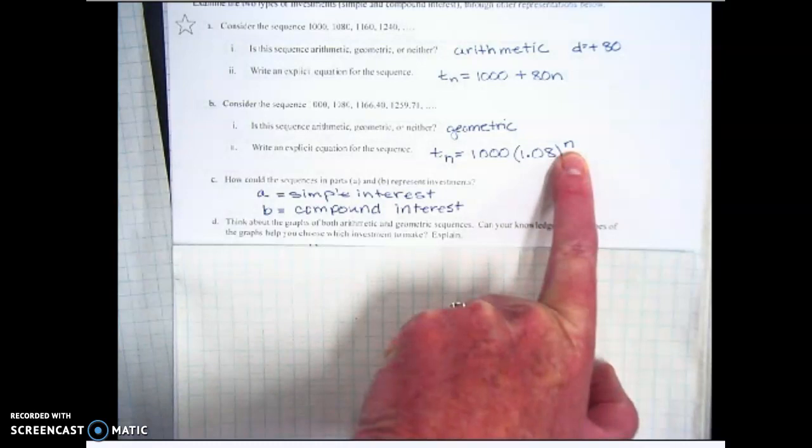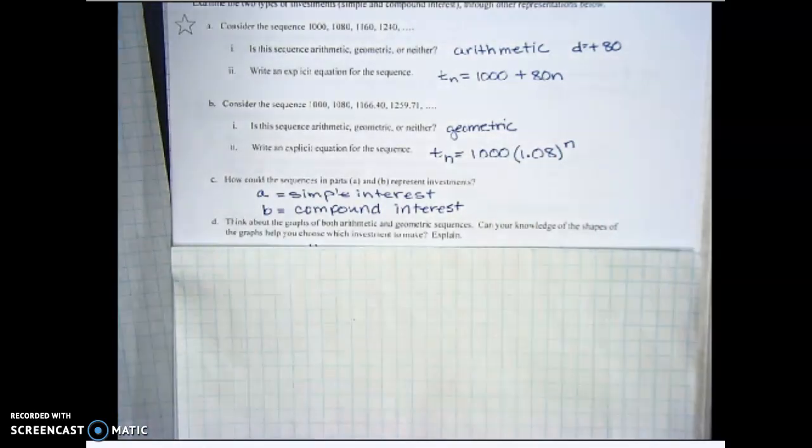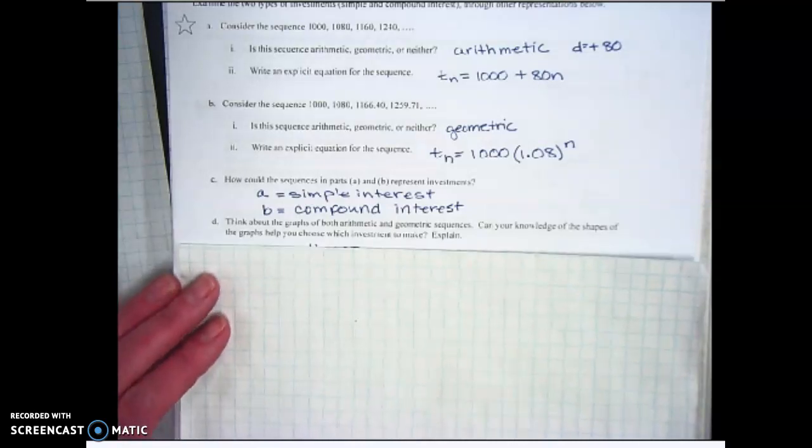This one, the variable is in the exponent, meaning it's exponential. So how's that one going to grow? Who remembers what the graph of an exponent looks like? It is a curve, and when it very first starts, it starts off really slowly, and then what happens? It takes off really quickly, and will get larger quickly, okay?